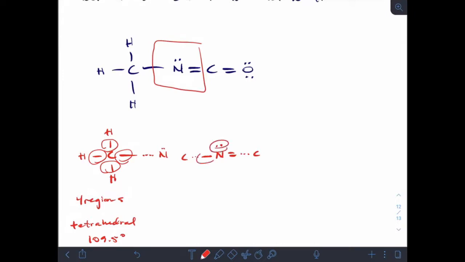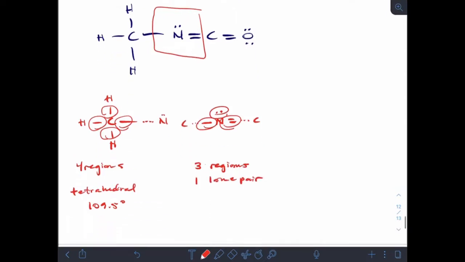So I have 1, 2, 3 areas of electrons, one lone pair means that my shape there is bent, slightly less than 120. Okay, because 3 regions means that it's trigonal planar. With 1 lone pair, I get a bent molecule with slightly less than 120 degree bond angles.